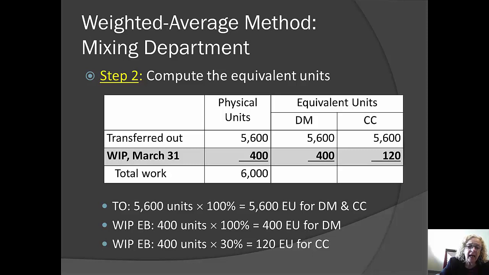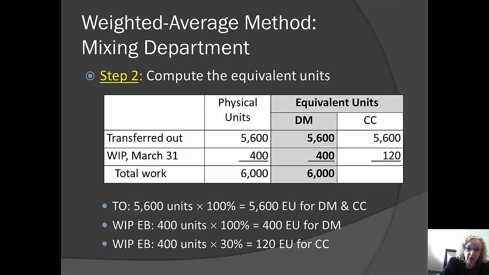Therefore, we can say that we put the same amount of conversion into making 400 units 30% complete as we would put into making 120 units completely complete. Therefore, those units represent 120 equivalent units for conversion. That's the hardest part of step 2.